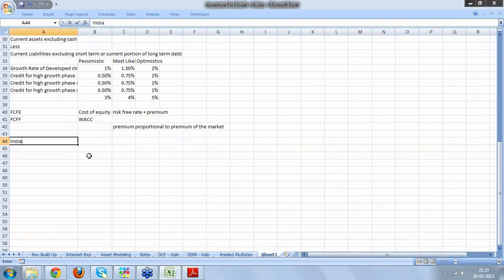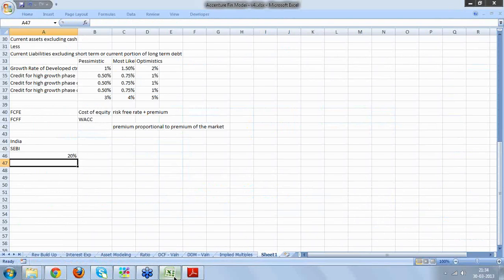In India, the geography I belong to, SEBI has mandated a 20% gap between upper price band and lower price band of an IPO. So if a company goes for an initial public offering, the maximum gap allowed between the lower price band and the upper price band is 20%. I'll make use of that fact, and I'm sure a regulator in each and every country would have come up with similar guidelines.